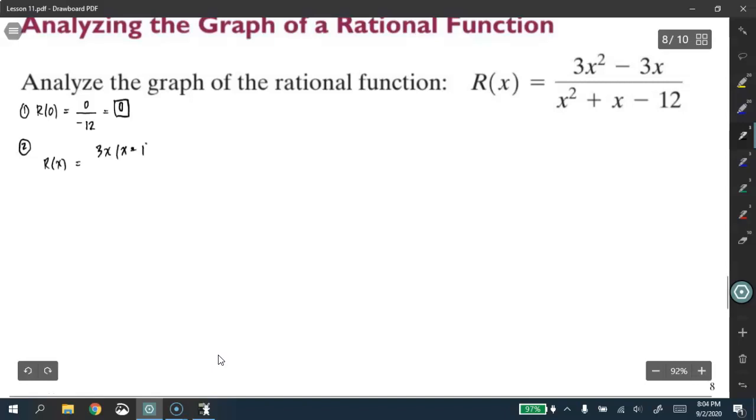And in the denominator, you've got to factorize x squared plus x minus 12. Two factors of negative 12 that add to positive 1 but multiply to negative 12 are going to be positive 4 and negative 3. So we have x plus 4 and x minus 3.